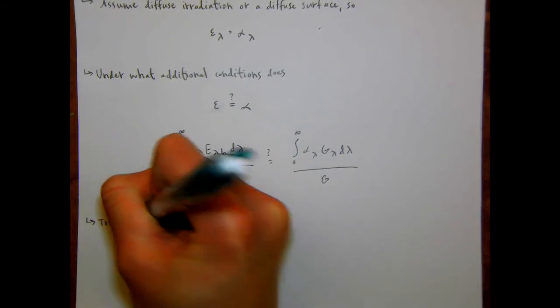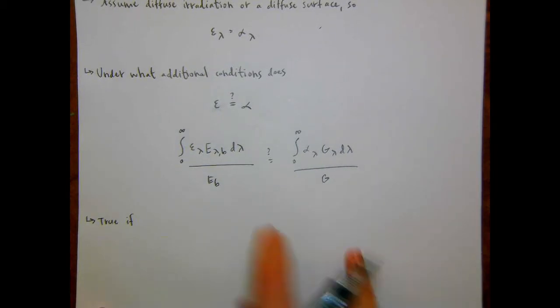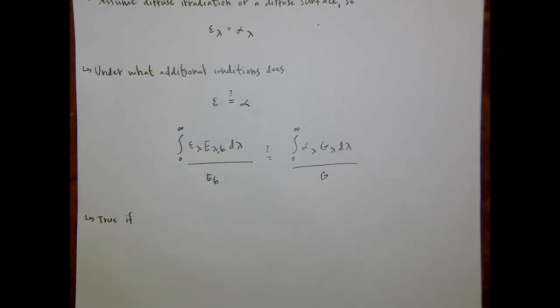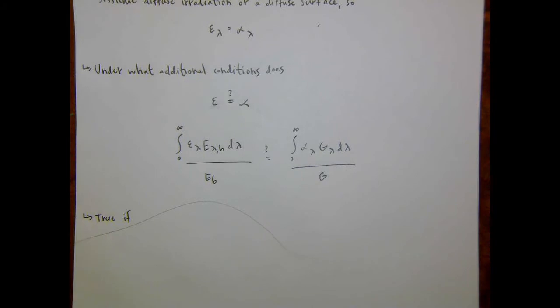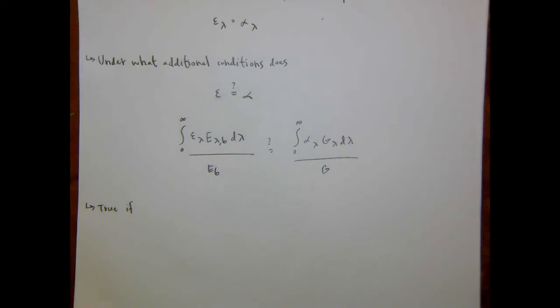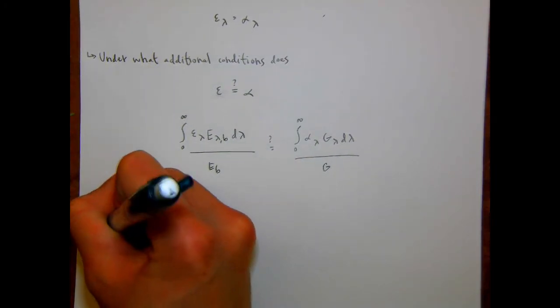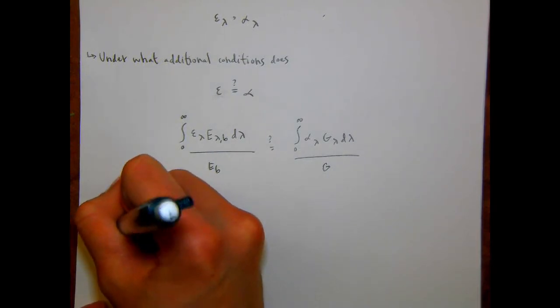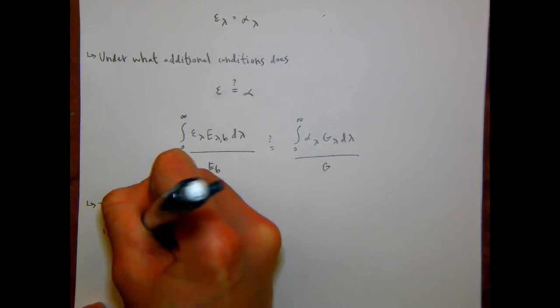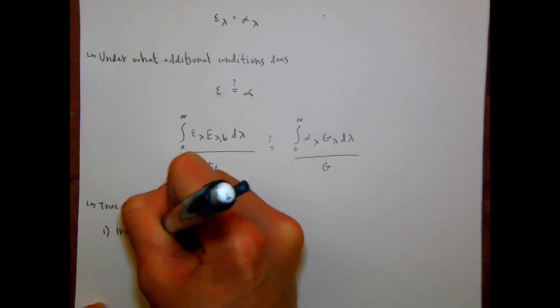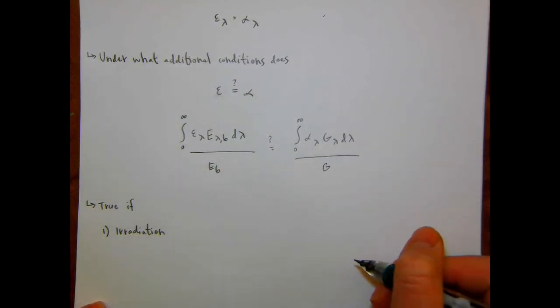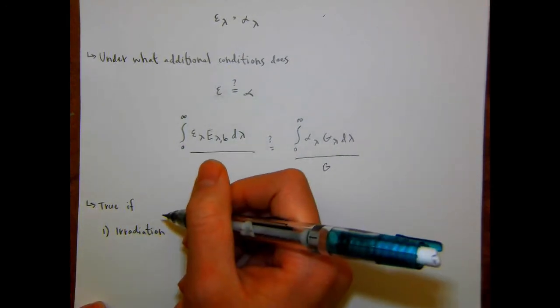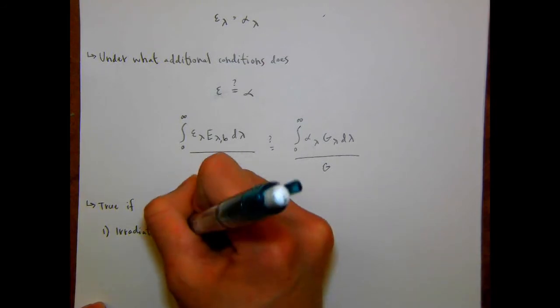And there are two conditions that would make these quantities equal. And this is given that the spectral emissivity and absorptivities are equal. So first is just our original restrictive condition that the irradiation corresponds to emission from a black body at the surface temperature.